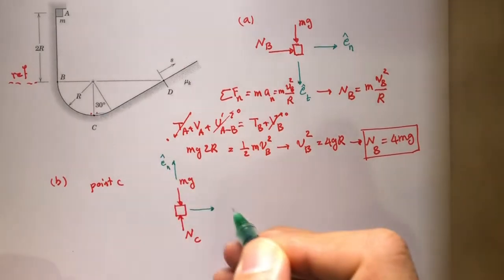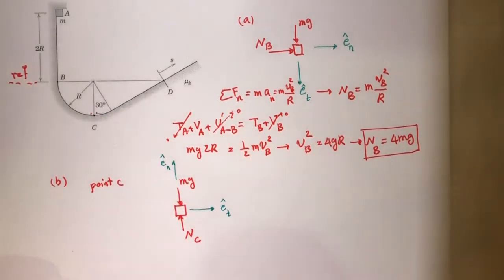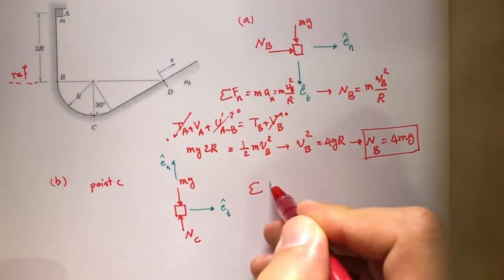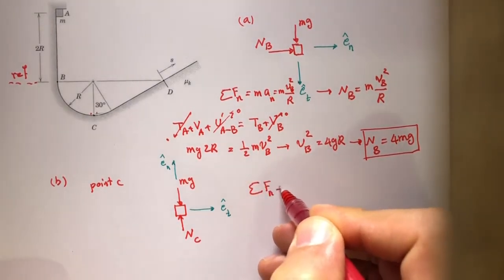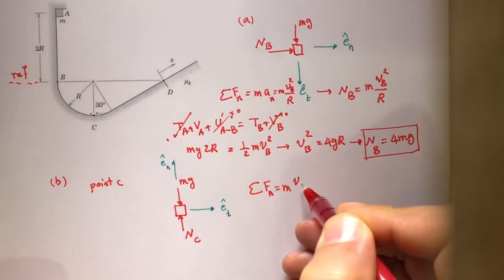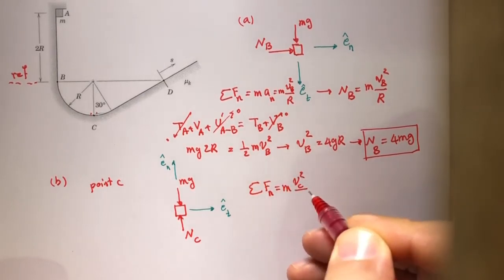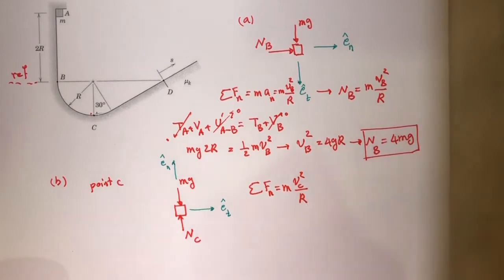So this is en and this is et. And we know sum of the forces in the normal direction is equal to mass times velocity at this point squared divided by radius of curvature, which is r.